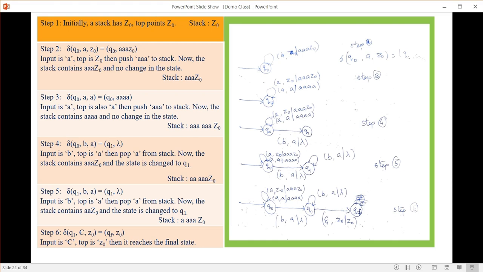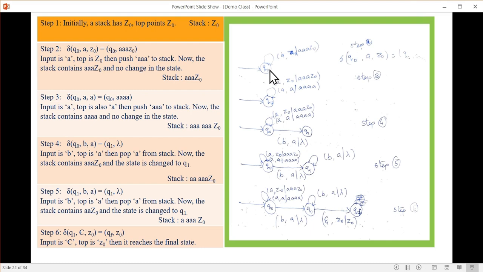Then what is pushed into the stack is given after this slash. Three A's are pushed into the stack. Already the stack contains Z0. So what is the stack after this transition? Z0. That is the value. This is the first step diagram.